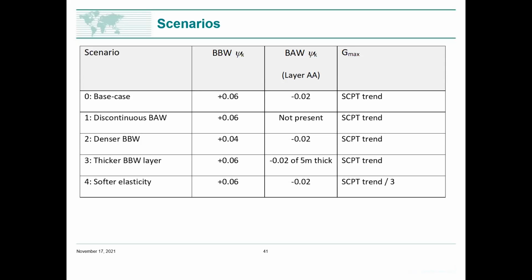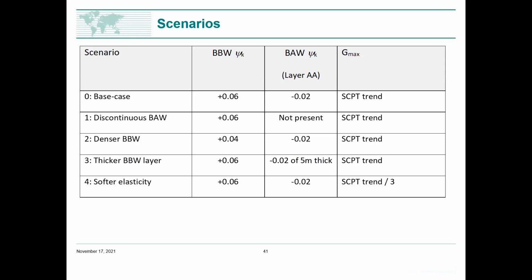We then said, well, what about, and I'm afraid there's a typo here, this should be thicker beach above water. Rather than putting that layer AA as 2 meters thick, we said, well, what say it's much closer to the very deep layer that you might infer from the schematic in the Plewis et al. paper. So we stuck that in as 5 meters thick, which was scenario 3.